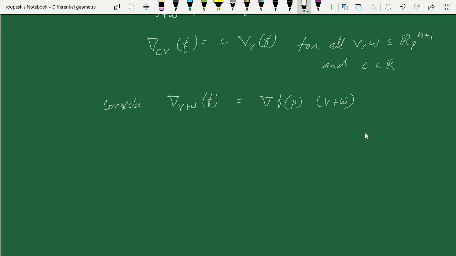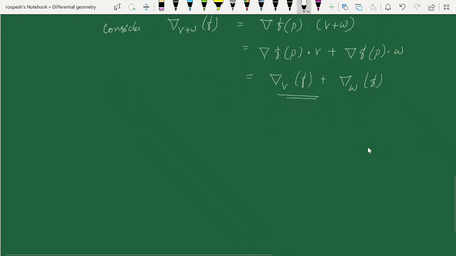Now that is equal to del f of p dot v plus del f of p dot w. So we have proved that. This is nothing but del v of f plus del w of f. So one part is over.